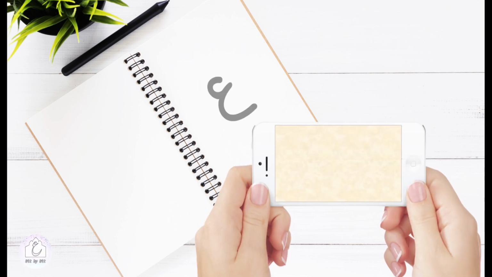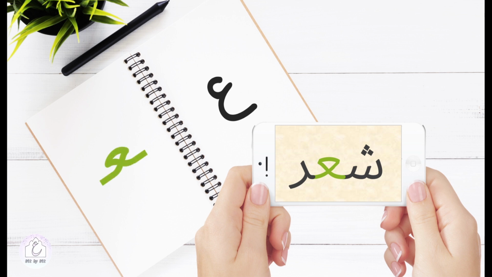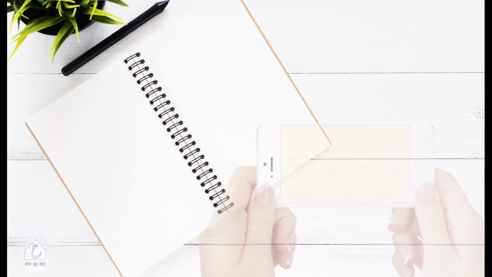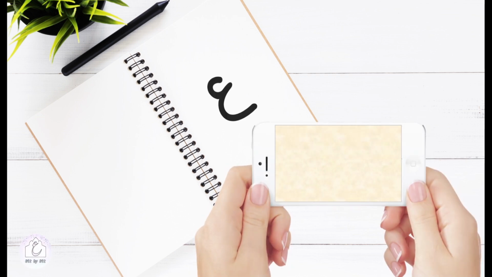In the medial position, ʻayn has a new shape to facilitate writing with two connecting segments, linking it to a preceding letter and a following one. In the final position, we also have ʻayn in its closed form, in addition to the tail.